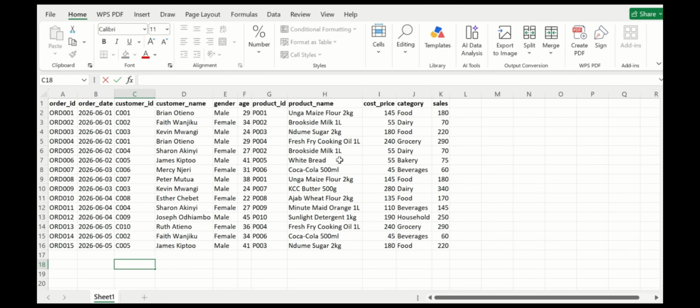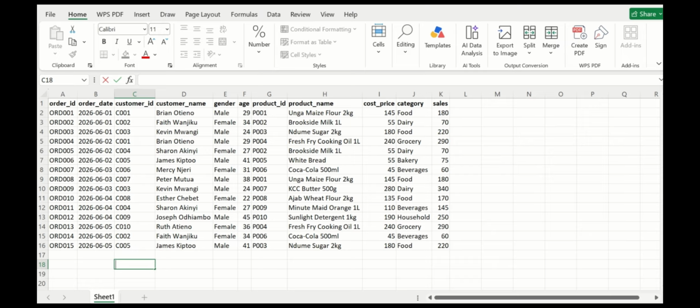So this process of breaking down this larger table into smaller tables so as to reduce redundancy is what we call normalization.